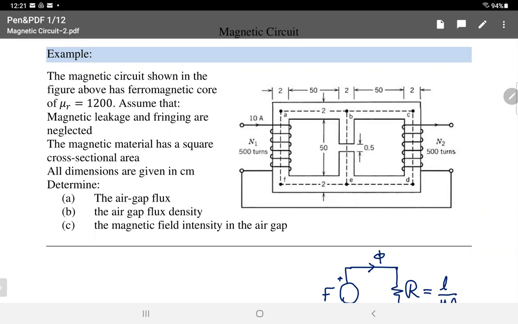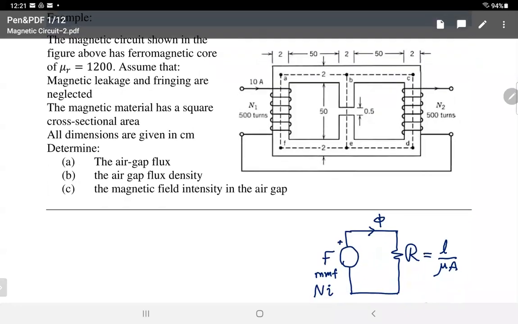And we know that to find the permeability of any material, you have to multiply mu naught, which is the permeability of free space, times the relative permeability to get the whole mu. So mu C, the permeability of the core, is equal to mu naught times mu R. And mu naught should be known, it's 4 pi times 10 to the power of -7.